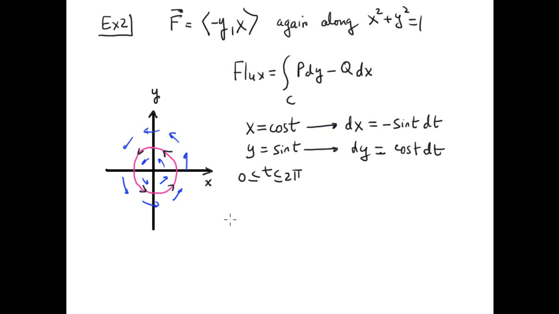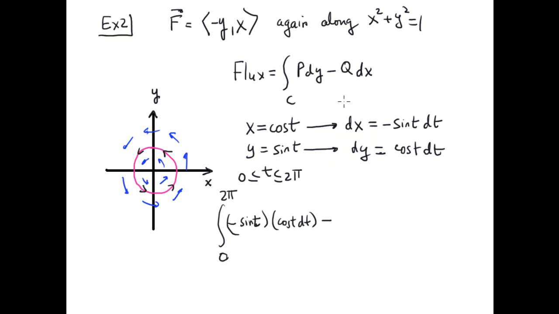Okay, ready. The integral is from 0 to 2 pi. P is minus y. Minus y is minus sine t. This is P. Here dy is cosine t dt.